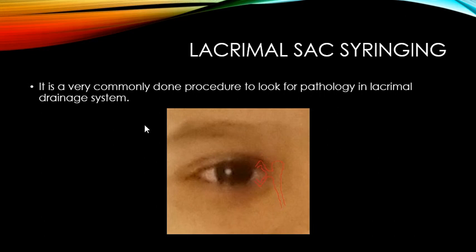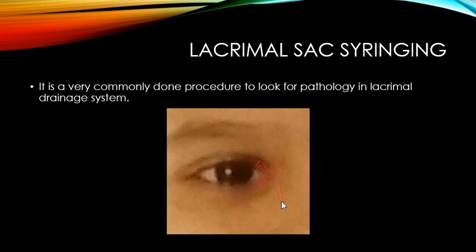So any pathology within the punctum or canaliculus or the lacrimal sac or the nasolacrimal duct, or any pathology within the nose causing obstruction to the opening of the nasolacrimal duct, can cause watering.